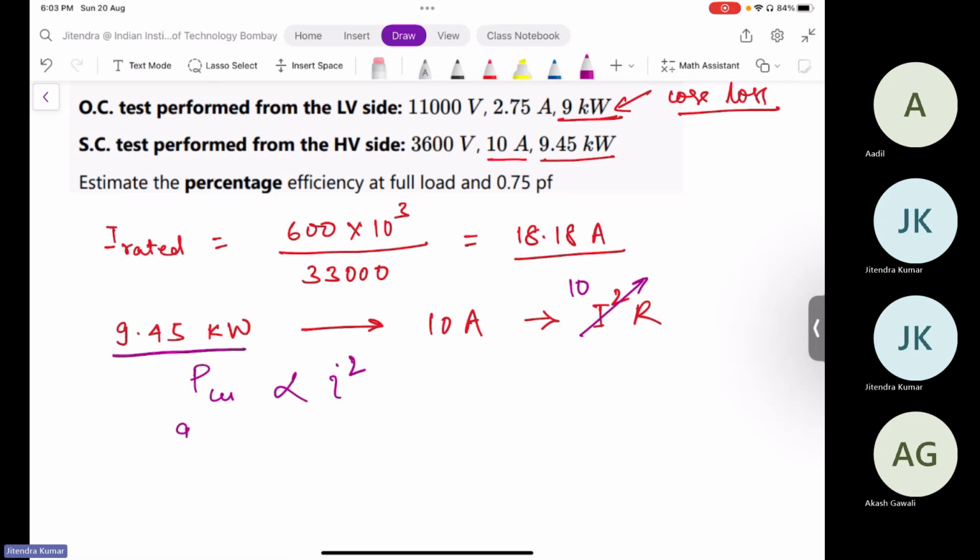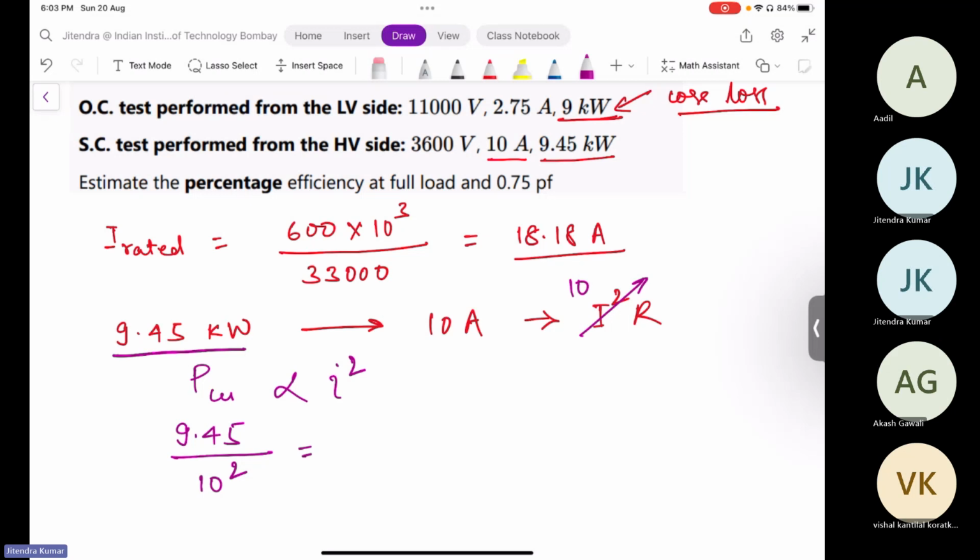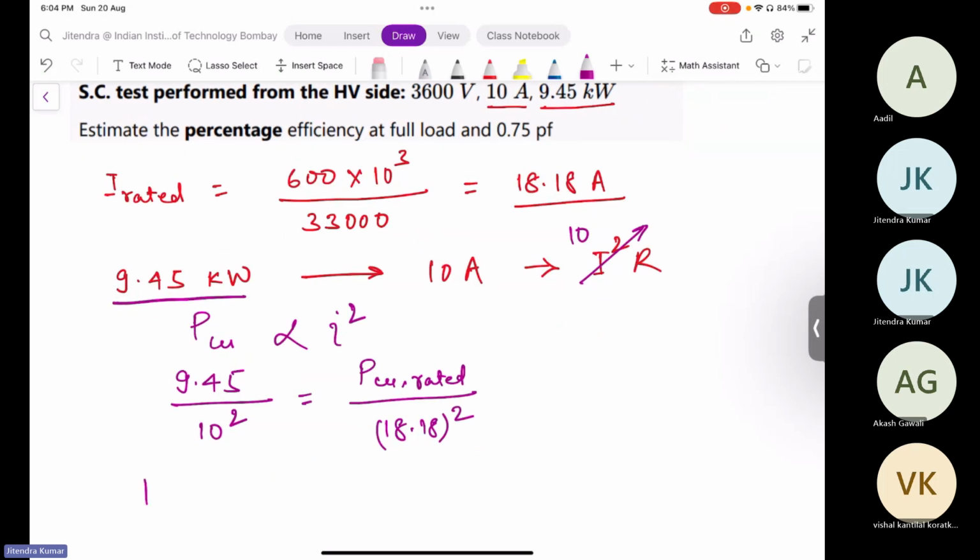So 9.45 divided by 10 square is equal to the copper loss at rated condition divided by 18.18 square. From this expression, you can compute the copper loss at rated condition. If you compute this, you will get 31.239 kilowatt. So this is the rated copper loss.